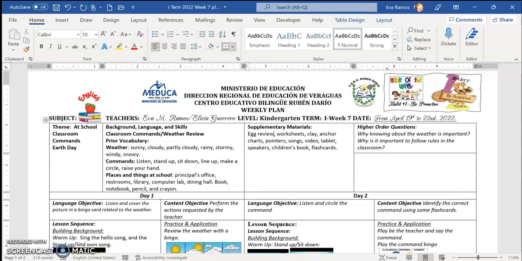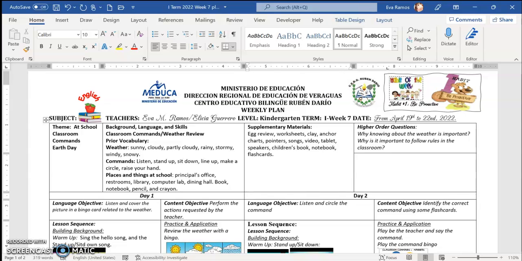I'm working with clay, just like the homeroom teacher. I can ask my students to do something with the clay that is related to the vocabulary. I have some anchor charts, pointers, some video. I use my tablet and speakers, children's books, and of course their notebook.